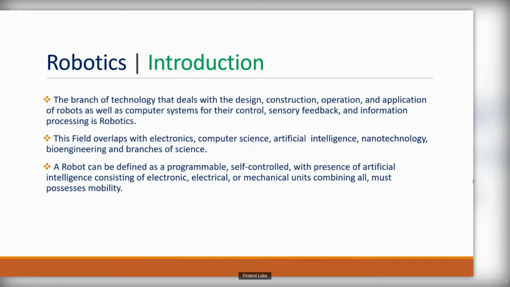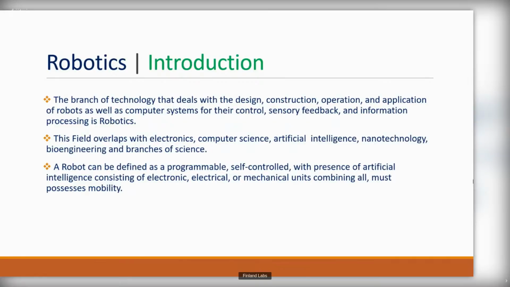This field overlaps with electronics, computer science, artificial intelligence, nanotechnology, bioengineering, and other branches of science. So in short, we can say that robotics is a combination of all the branches. It is common to all the branches. It is not that if I am from the civil branch or the mechanical branch, I cannot learn robotics.